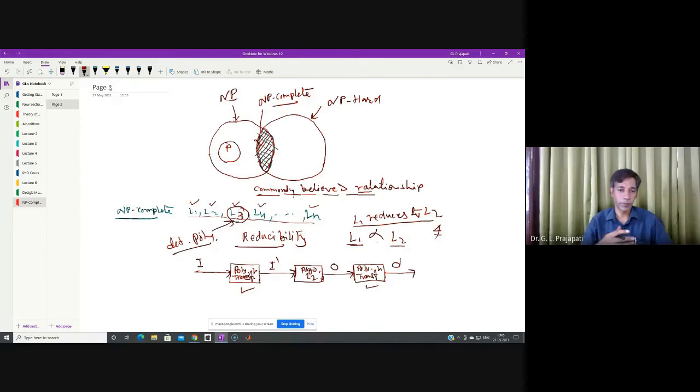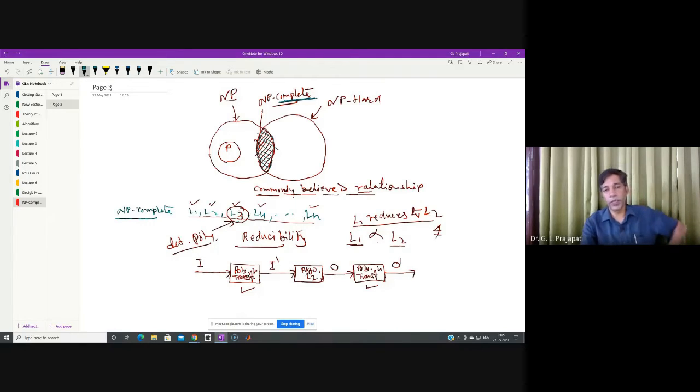So problems in the NP complete group have the special characteristic that every problem reduces to every other. If you can find the algorithm for one problem, you have the algorithm for the other problems which runs in deterministic polynomial time. That's why we have the notion here of complete. Complete means if you solve one, you solve all. That's why this is known as NP complete.